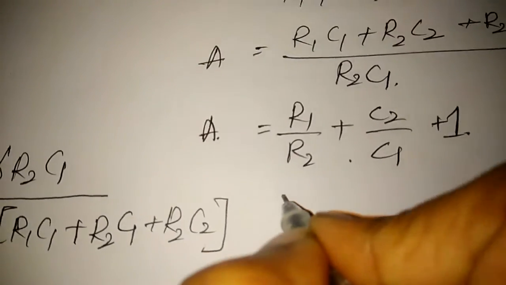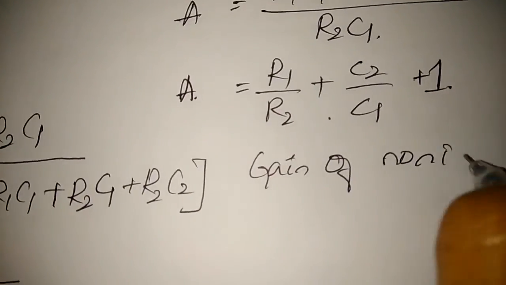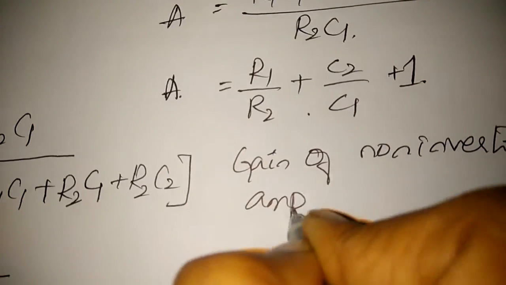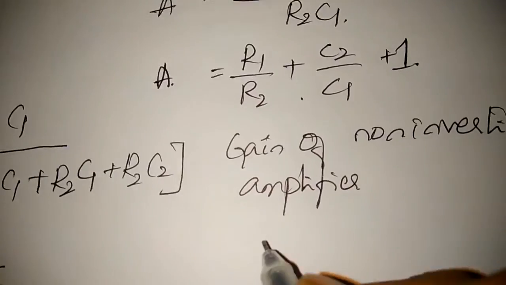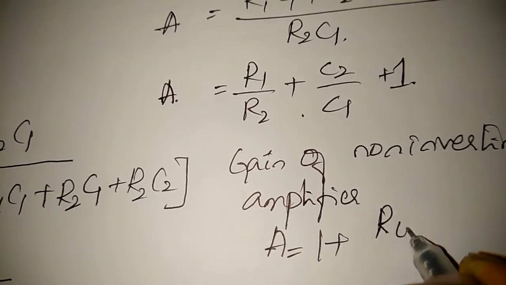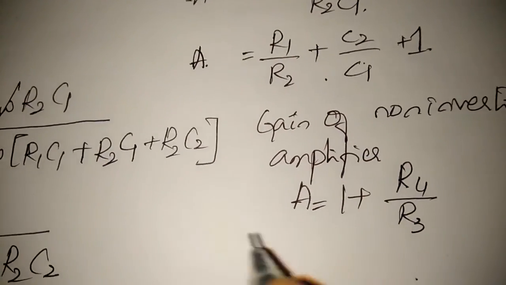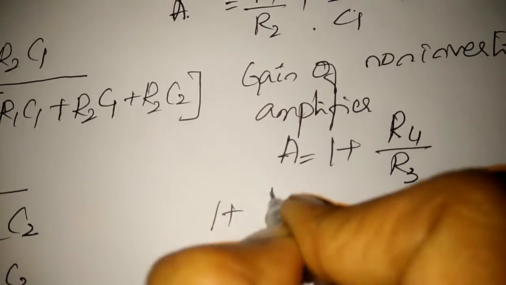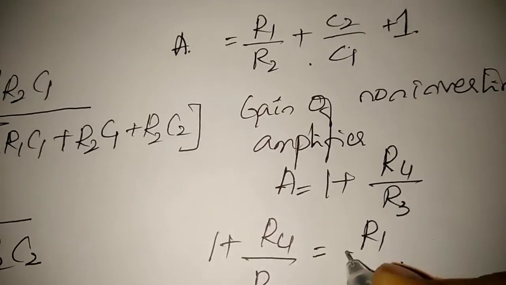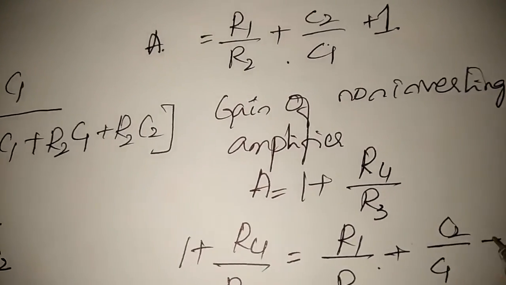So gain of a non-inverting amplifier is given by A is equal to 1 plus R4 by R3. Now equate this and this. So we'll get 1 plus R4 by R3 is equal to R1 by R2 plus C2 by C1 plus 1.